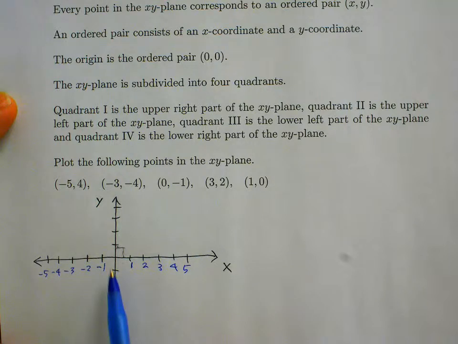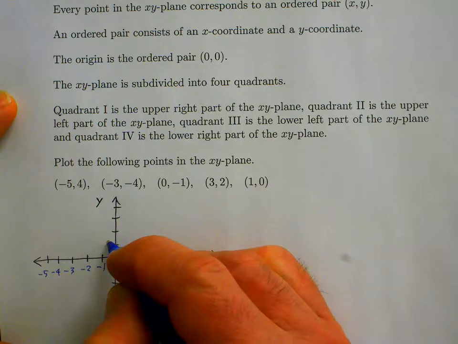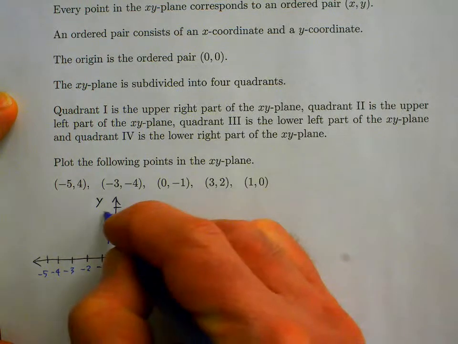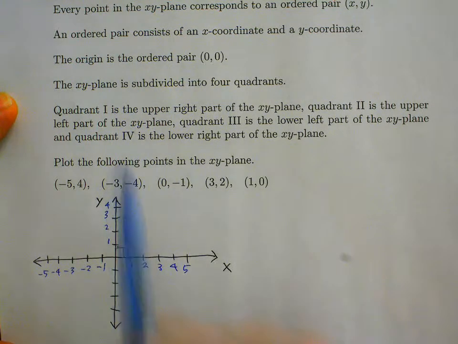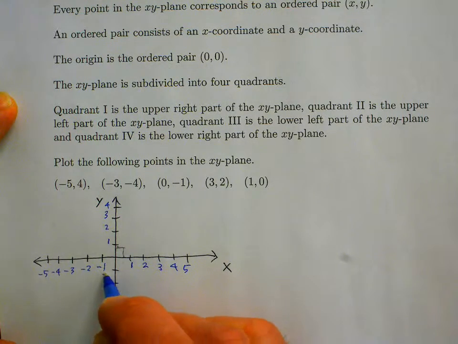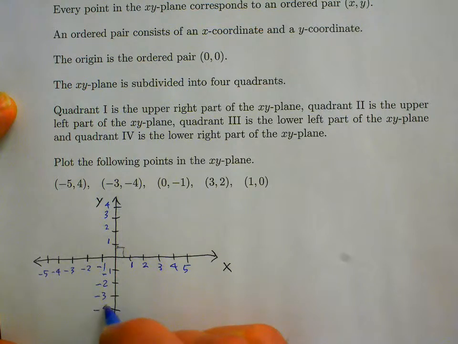The positive y values are above the origin, so on the y-axis, moving upward, we have 1, 2, 3, 4, and so on. And then below the y-axis are the negative y values, so -1, -2, -3, -4.